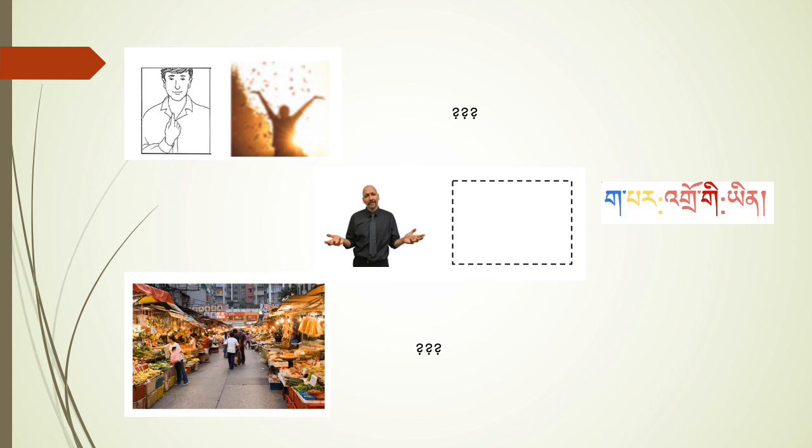How do you say that? Nga tebo yi. The question next was asked, where are you going? Kawar jogin. To which the answer was, I'm going to the market. So market, to, go, will. Chomla jogin.